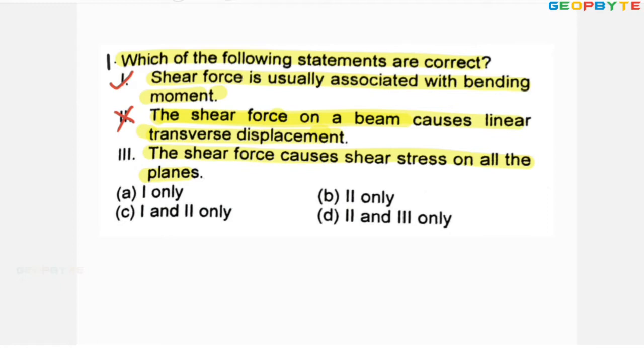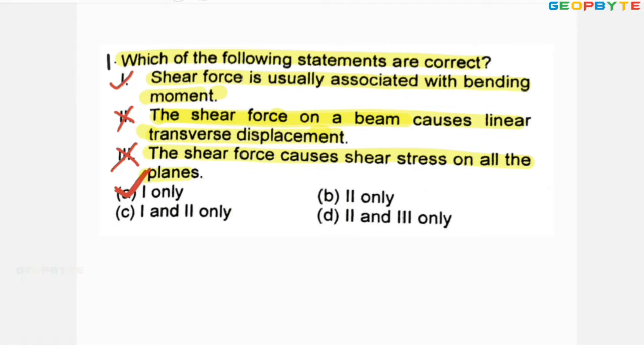Somewhere at the edges, or at the extreme top and bottom, the shear stresses are zero. Anyhow, only the first statement is correct. The second and third statements are not correct. Only the first statement being correct means option A is absolutely correct.